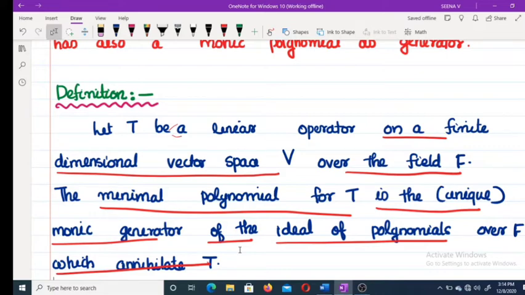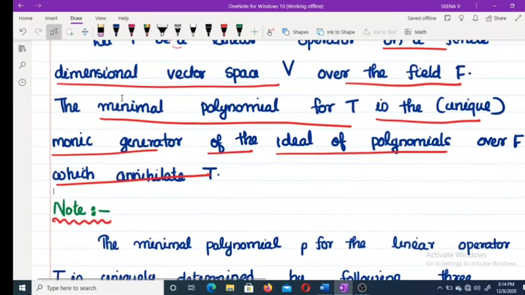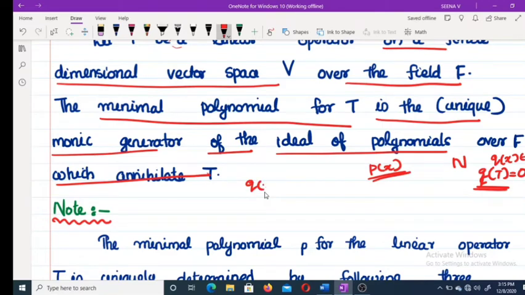So the minimal polynomial for T must be a unique monic polynomial. And that minimal polynomial is also a generator for the ideal of all polynomials which annihilate T. What is the meaning of that? Suppose P of x is our minimal polynomial and N is the ideal of polynomials which annihilate T. That means if you take any q of x belonging to N, such that q of T equals 0, then this q of x must be a multiple of P. That is, q of x you can write as P of x times r of x.